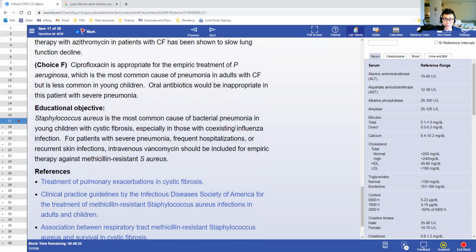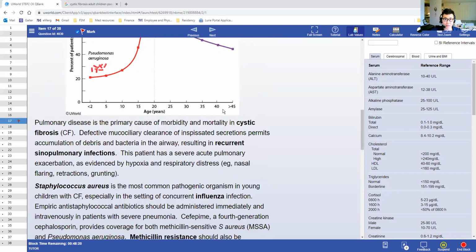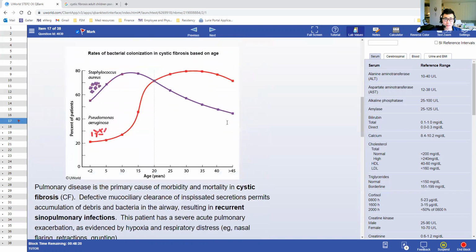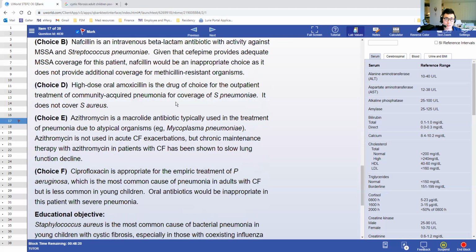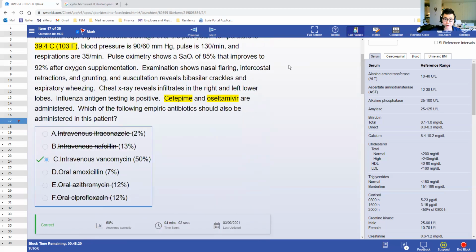They get flus and colds more often, and staph loves to colonize after viral infections. Staph also lives in the nose, whereas I don't think Pseudomonas is typically found in the body. You can almost think of it like children pick their nose and get viral colds all the time, whereas adults go to hot tubs all the time and get Pseudomonas folliculitis. So yeah, got the question right, even though my reasoning was kind of wrong.